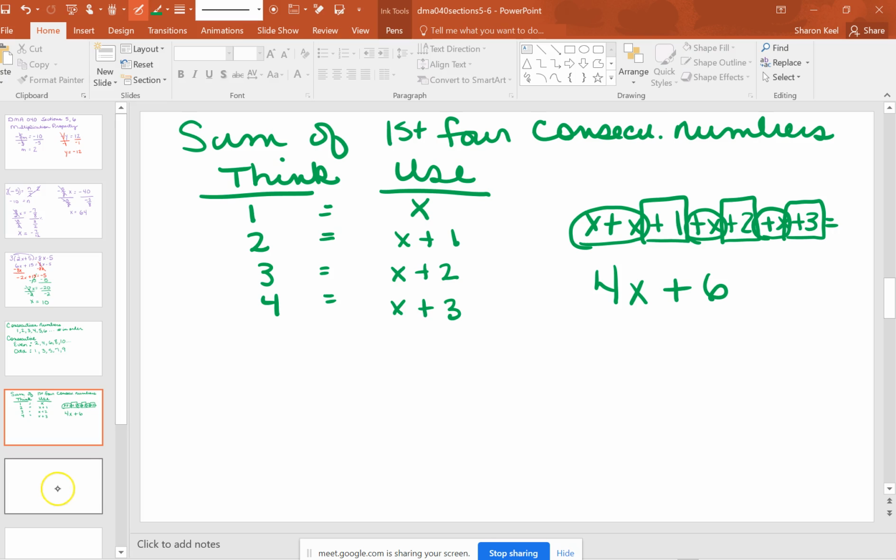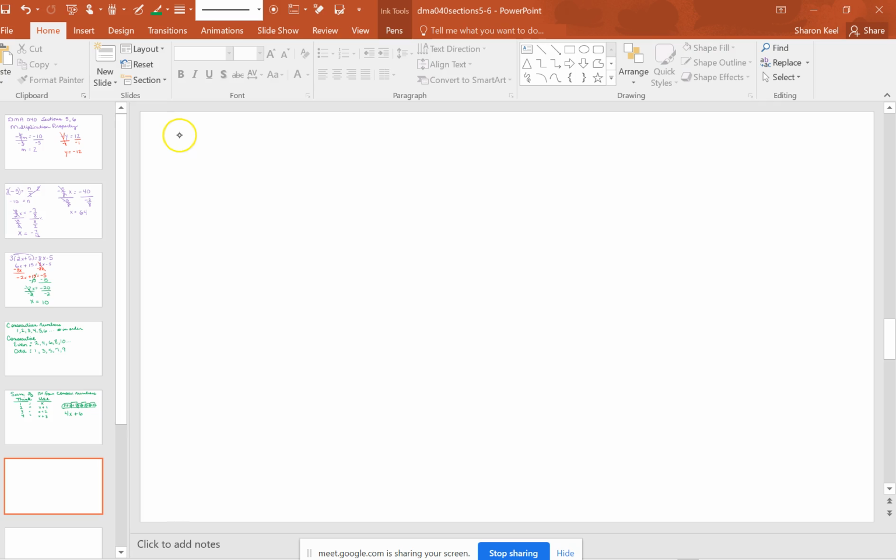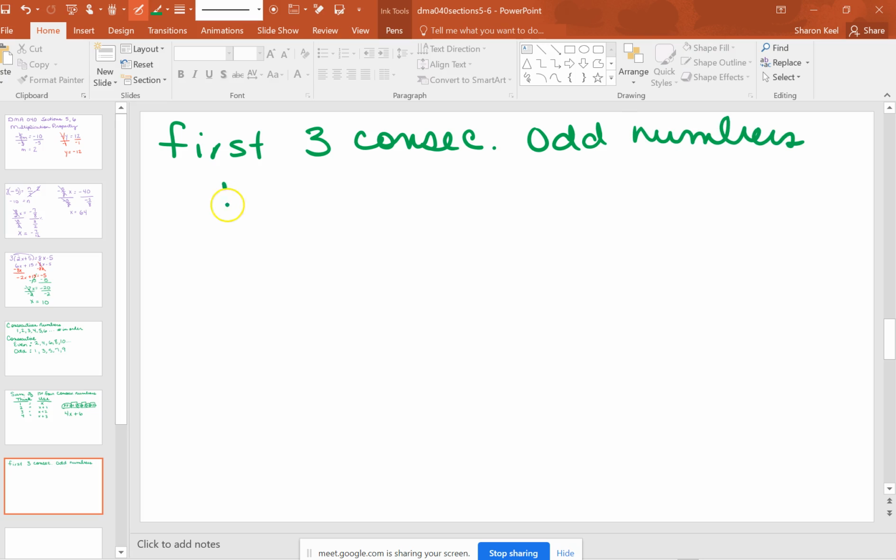Okay? Let's say you're asked about the first 3 consecutive odd numbers. If you're setting up a problem for this, we're going to do our think and our use column. My first 3 odd numbers are 1, 3, and 5.